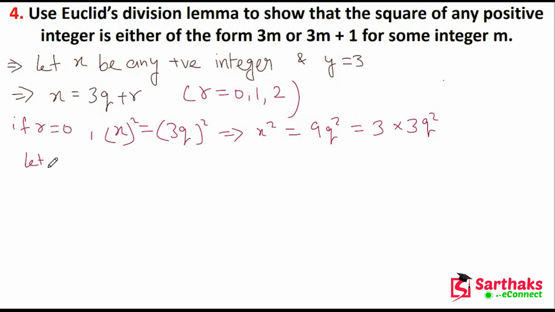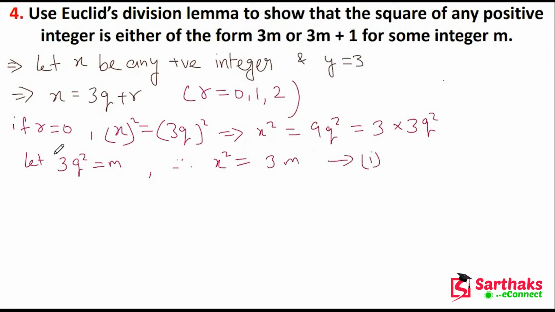You have to write in the exam the same as these steps. So let 3q square equal m. Now, therefore, x square equals 3m, and this is our first equation.